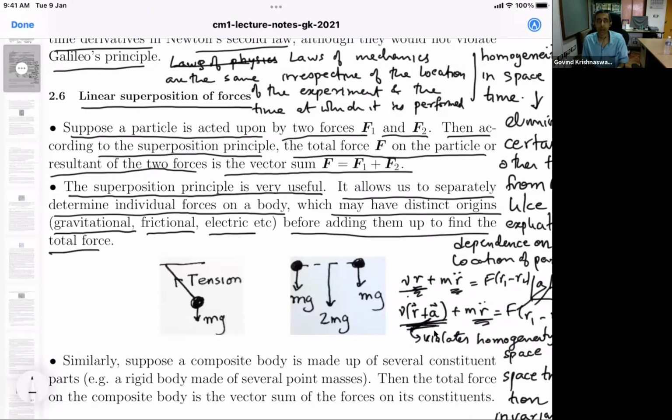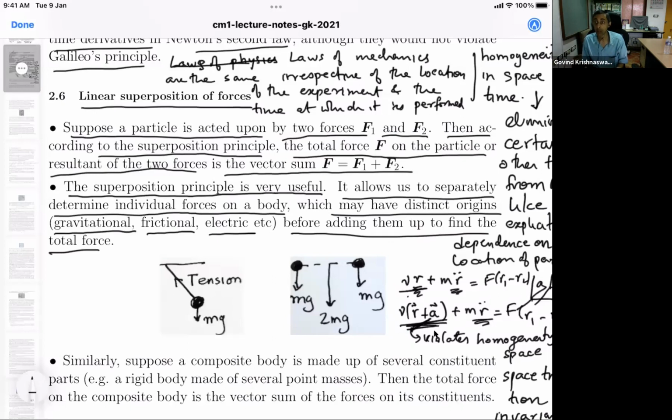So the superposition principle allows you to separate out these things. I am not saying that the solution to the equation of motion with all forces present is the sum of the solutions of the individual equations. That is definitely not true. All that is being said is that the total force on a body is the vector sum of whatever individual forces are present.